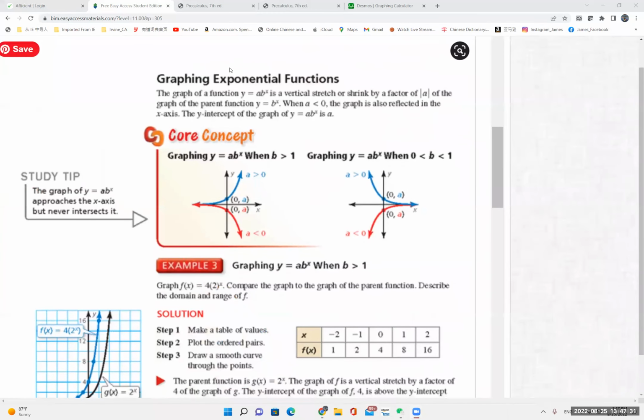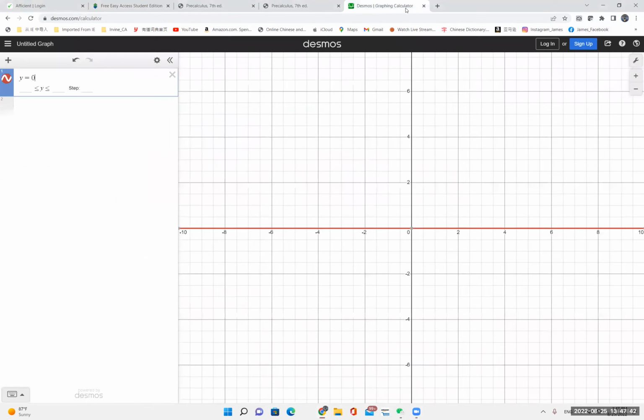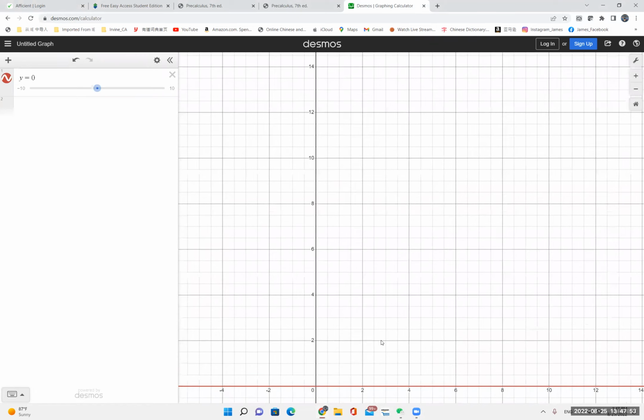Now let's graph an exponential function. I'll let you graph it yourself. For example, can you do a basic one?